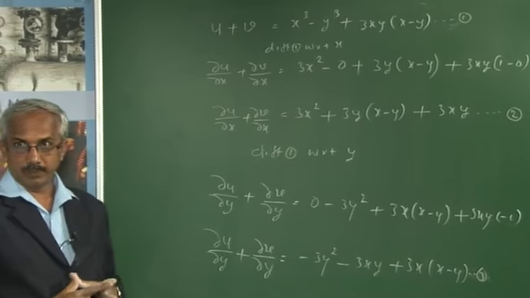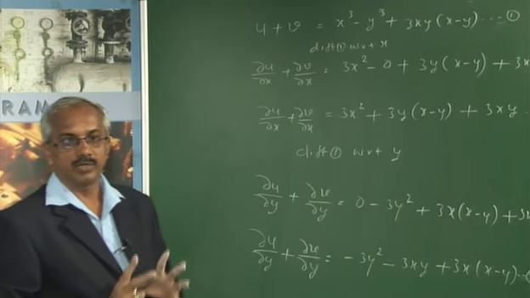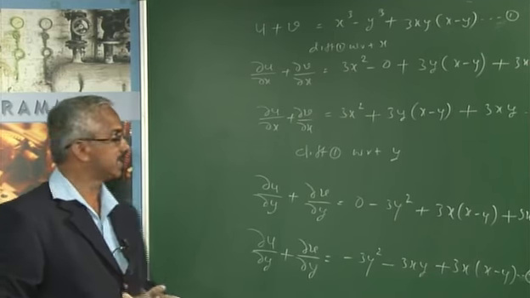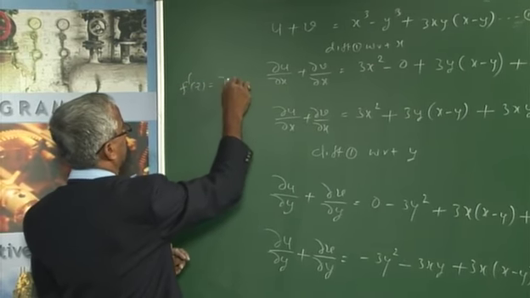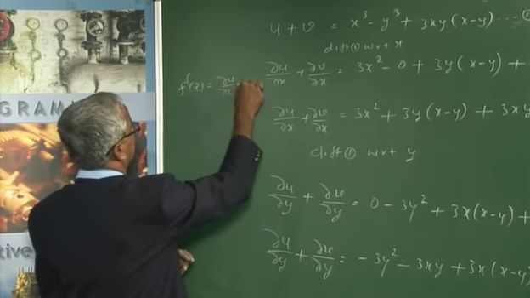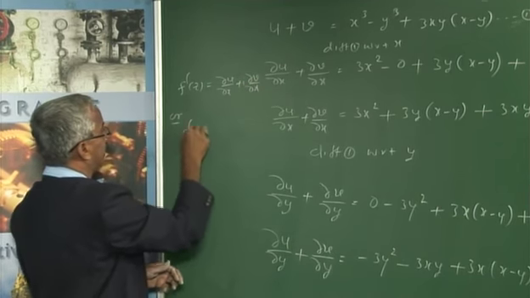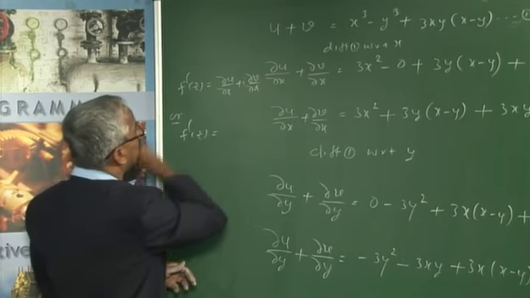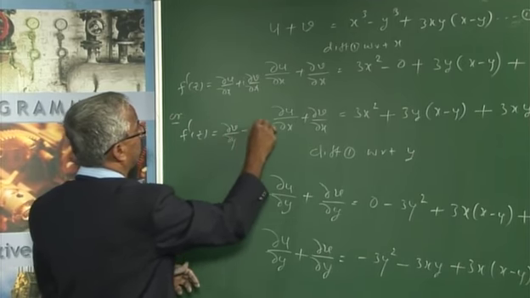Now in the previous problems we observed that to construct the analytic function we have two formulas. One is f dash z is equal to dou u by dou x plus i into dou v by dou x. Or I can use f dash z is equal to dou v by dou y minus i into dou u by dou y.